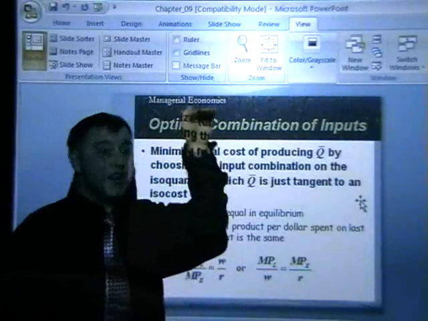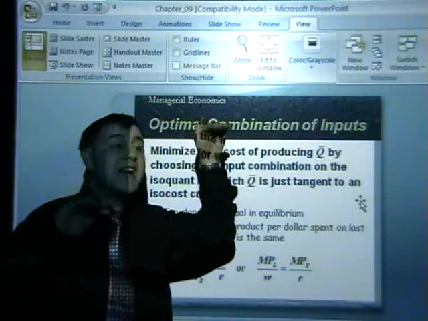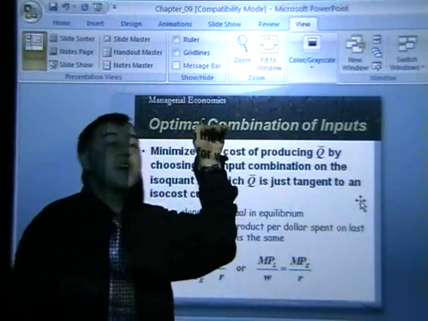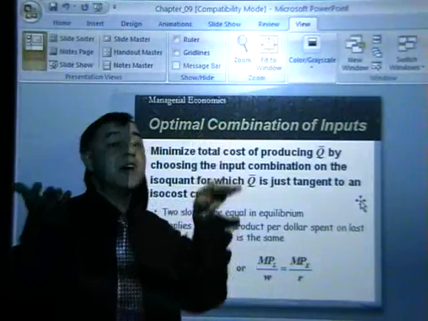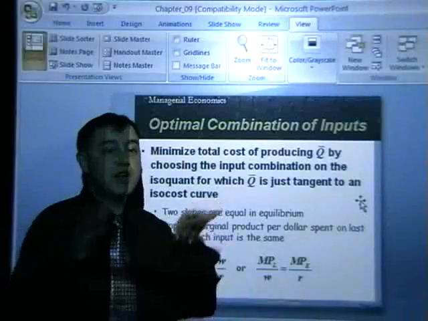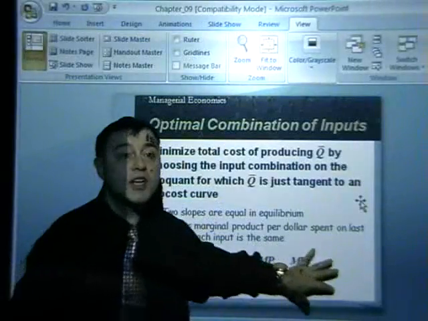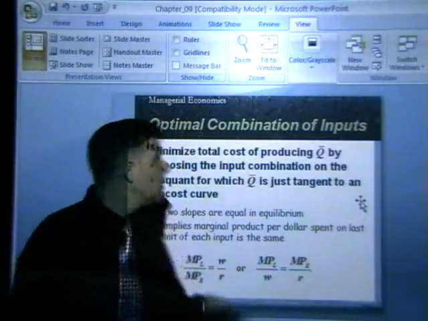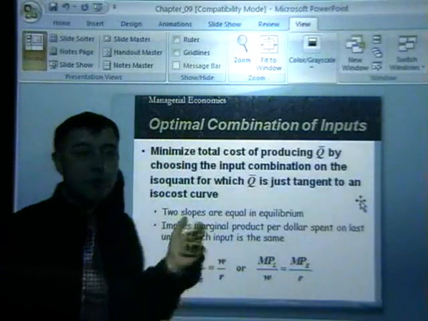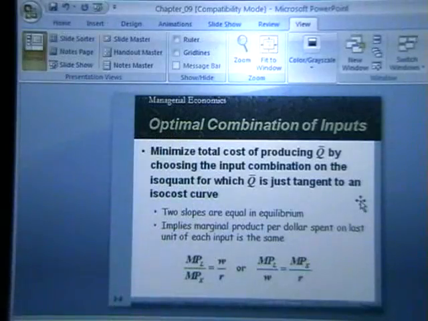So, as long as the one is higher than the other, you're going to be cutting on the one with a lower marginal product and substituting into the one with a higher marginal product until they equalize. That's it. So, the equality means you can't shift from the one to the other and gain. Well, then you are at an optimal point.